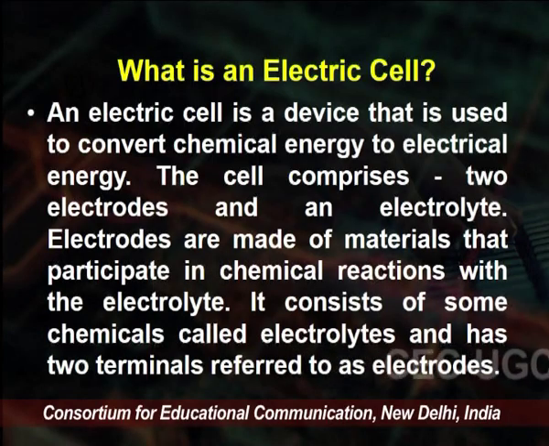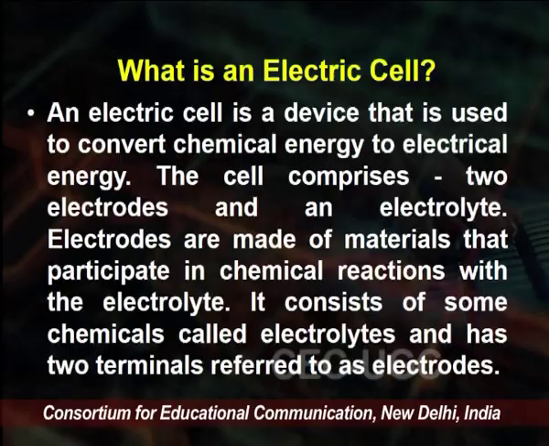It means that when we talk about the electric cell, it comprises two electrodes and one electrolyte, and these electrodes are made of material that participates in the chemical reaction with the electrolyte. All the assembly is attached to the two electrodes and the one electrolyte, and these are all in the same system.